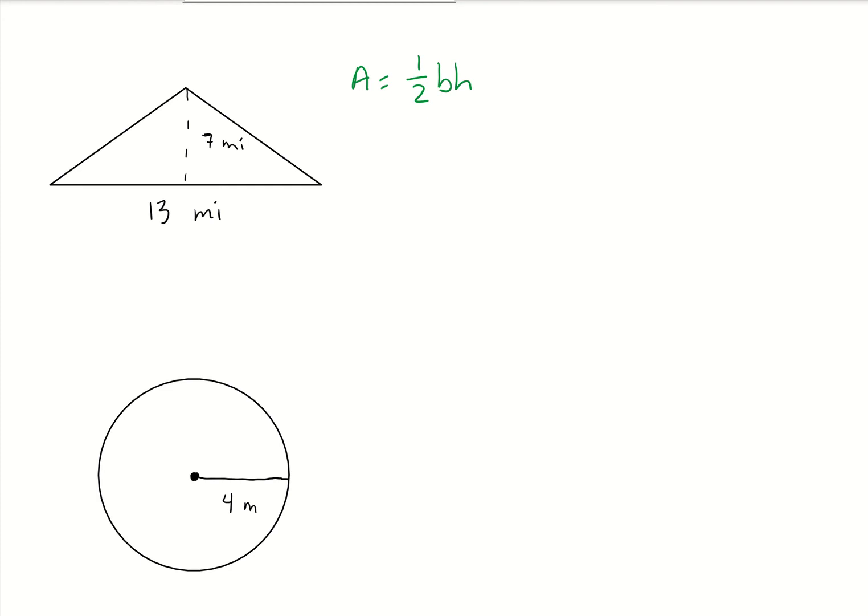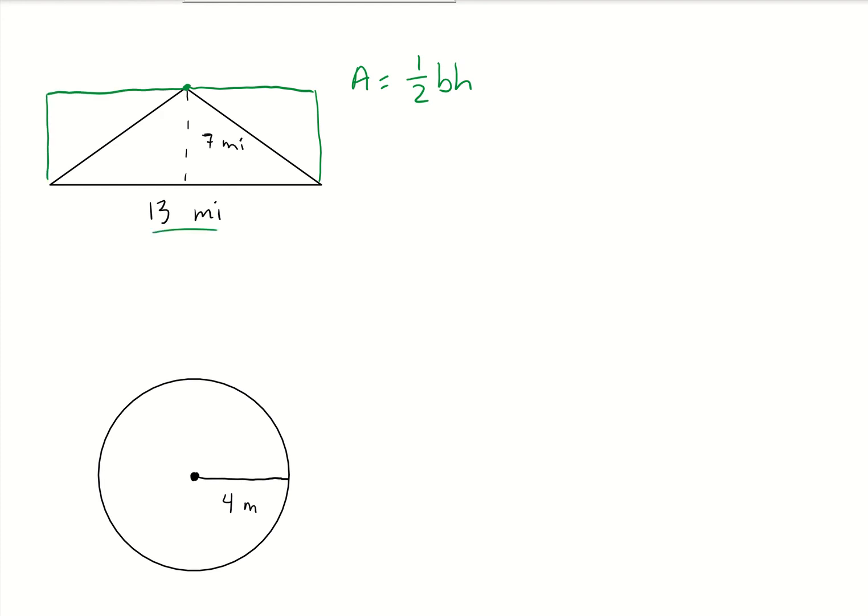The reason for that, you may have seen this before, is that if we were to go from here and finish this off as a rectangle, this isn't going to be a perfect drawing, obviously, but now you can see the rectangle.